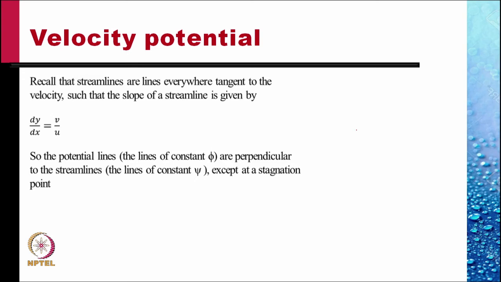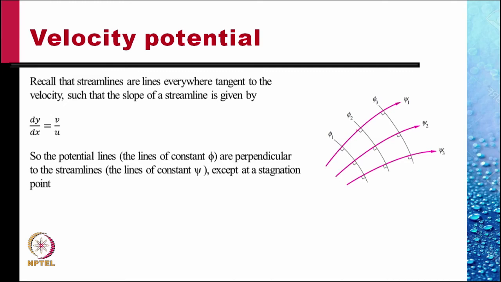Since the slope of potential lines has been found to be minus u by v, this means that the potential lines, which are the lines of constant potential phi, are perpendicular to streamlines, which are the lines of constant psi, except at the stagnation point. Thus, the streamlines are perpendicular to the potential lines at every point of the flow field. This is called flow net in some texts.